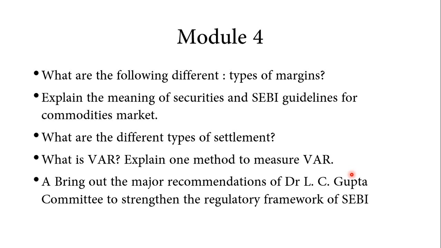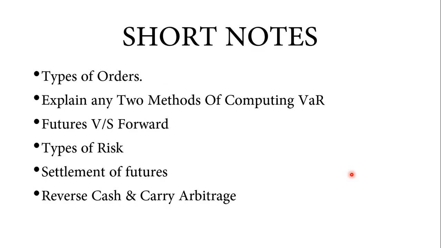The next is now all the short notes which we need to cover. So let us see what are the various short notes that need to be covered. The first set of short notes: number 1, types of orders.